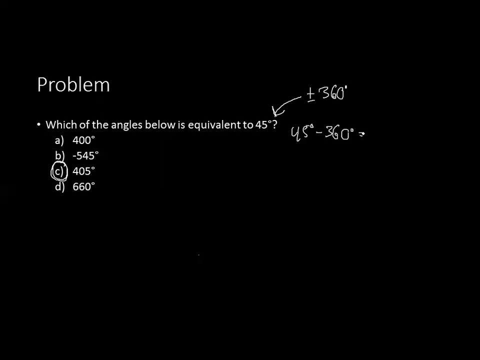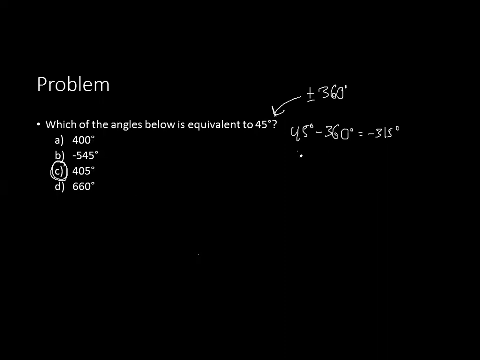Negative 360 plus 45 will give you negative 315 degrees. But as you can see, there is no such value in the choices. Even if you continuously subtract 360 degrees consecutively, the answers are not actually here.